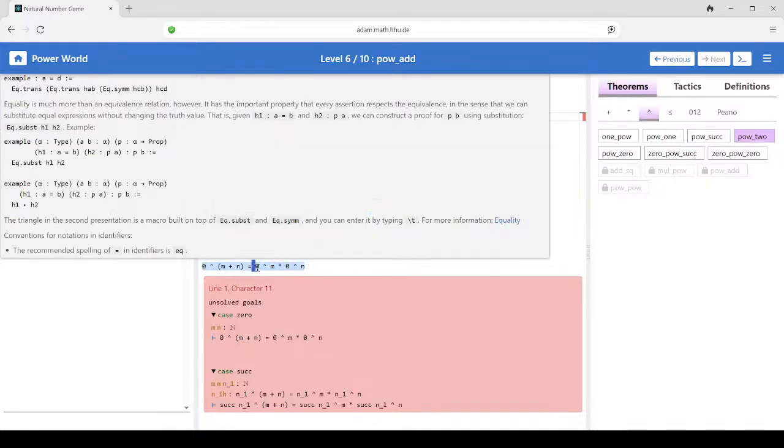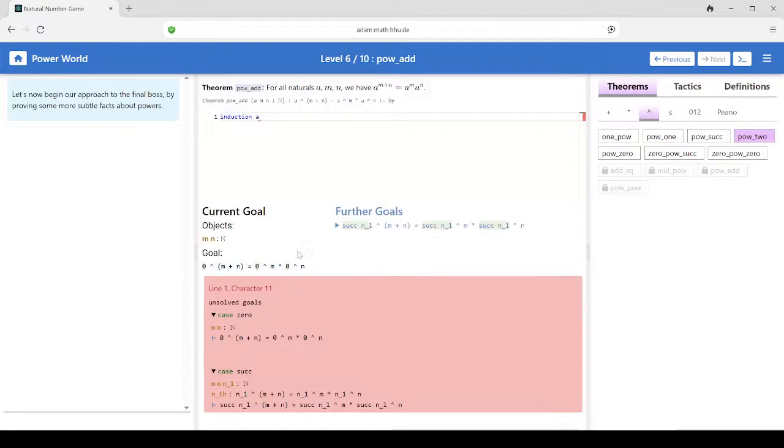we get the problem that I don't think I can do anything with 0 to the power of anything, because if M is 0, then this will be 1, and if it's greater than 0, then this will be 0.